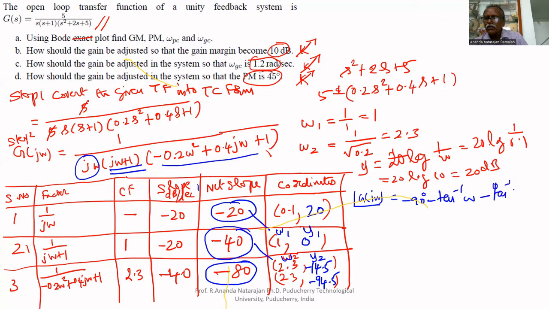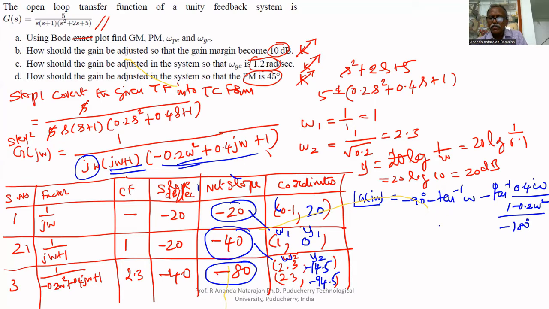Tan inverse of 0.4 omega divided by 1 minus 0.2 omega square, imaginary part divided by real part, minus 180 degree.